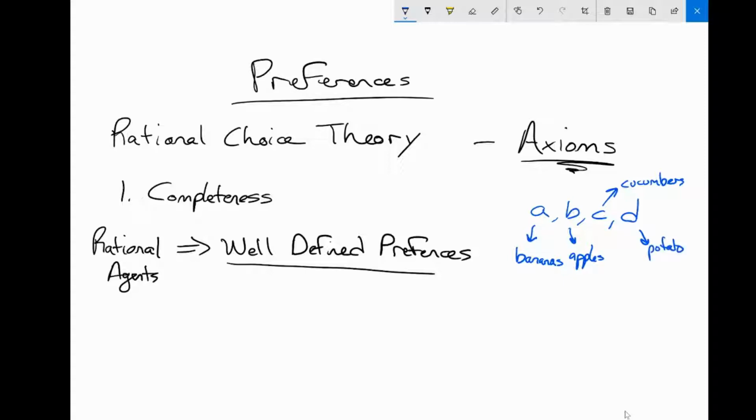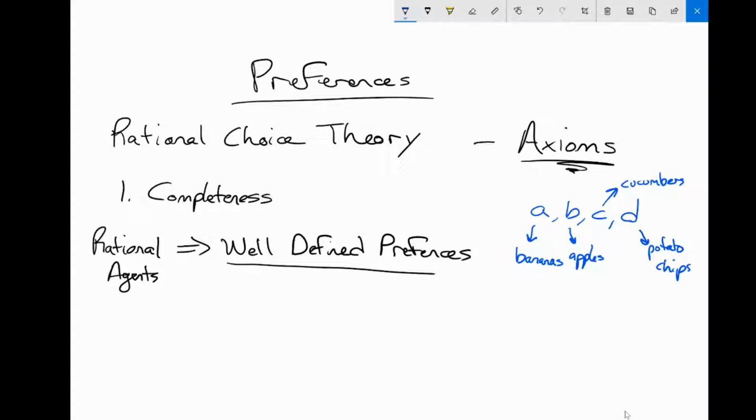Just some random foods. All of these A, B, C, and D represent some possible goods that we can consume. They could be anything, but I just created some random examples, some food items there.